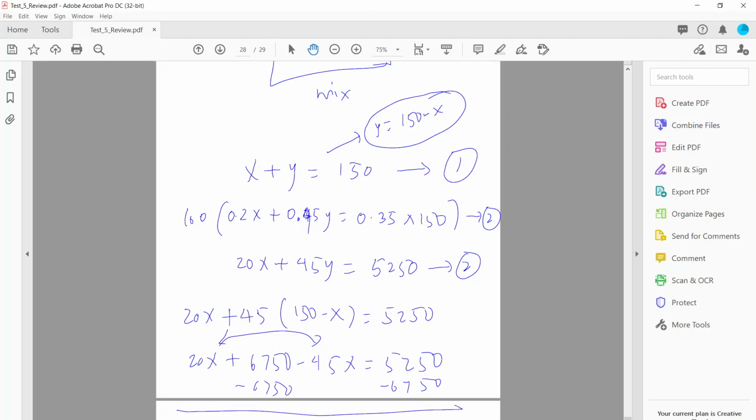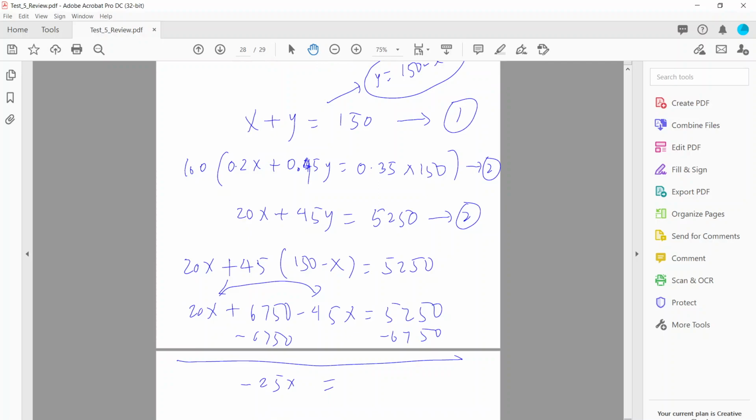On the left side it's negative 25x. On the right side, subtracting 6750 from 5250 gives negative 1500. Divide both sides by negative 25, and that gives the value of x, which is 60 pints.